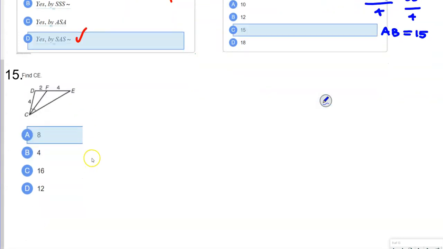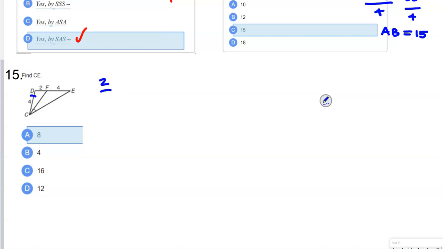All right, for our last one here, we're going to do the side opposite the angle compared to the side that's the side of the triangle. So we can do 4 over 2. We could do this 4 over that, or you know what, let's just do it the way it looks. So we could do 2 over 4.